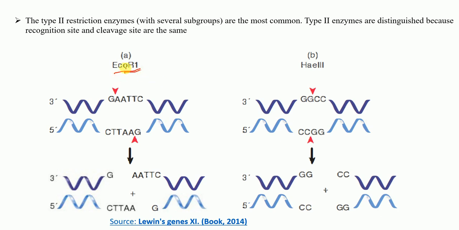These restriction enzymes recognize a site, a sequence in a DNA. That sequence is palindromic in nature, and it is called the recognition sequence.